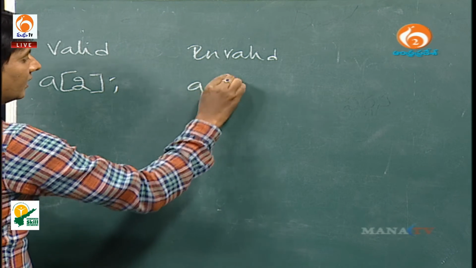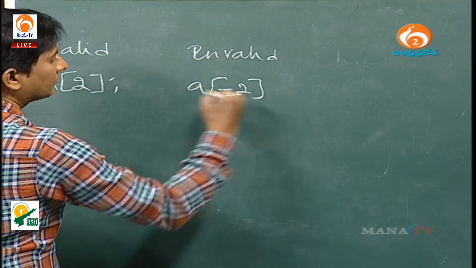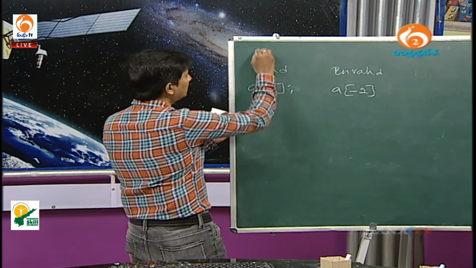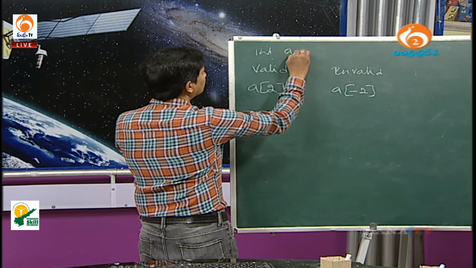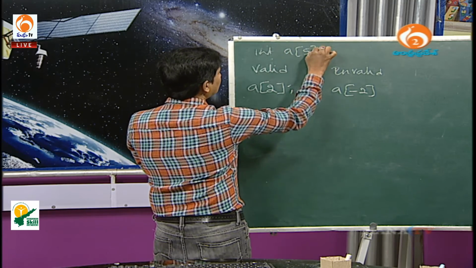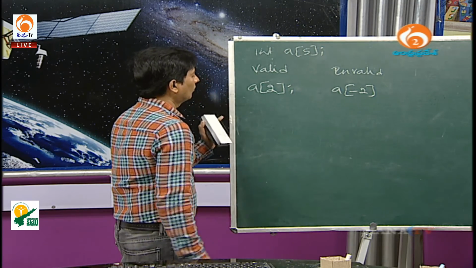I cannot write A[-2] as the size while initializing the array.